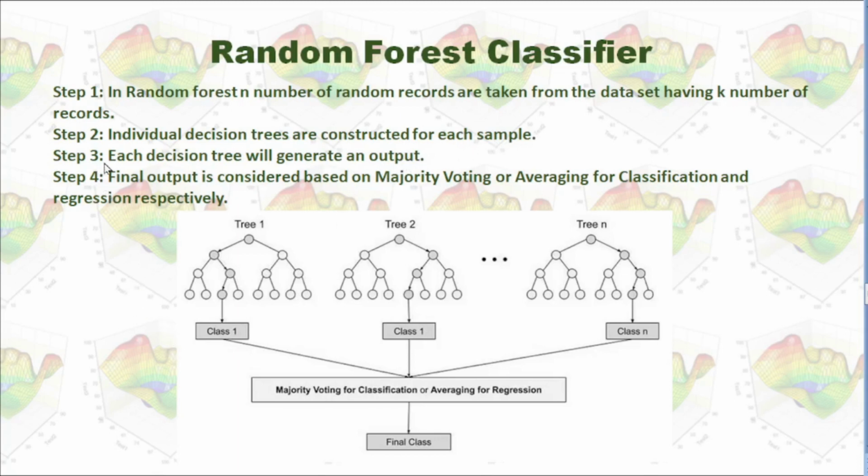And then each decision tree will generate an output. Lastly, the final output is considered based on majority voting or averaging for classification and regression respectively.